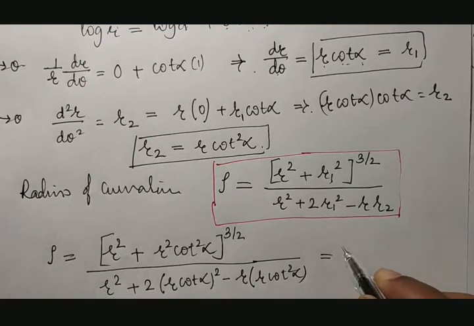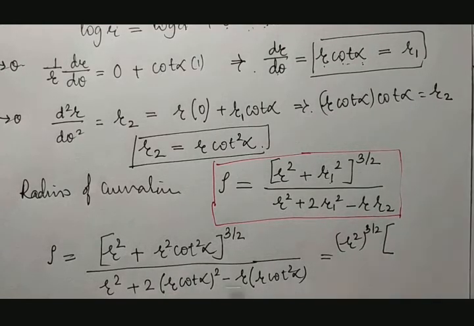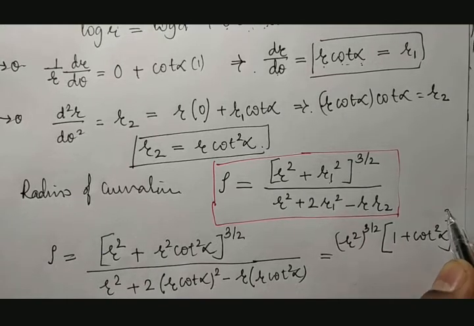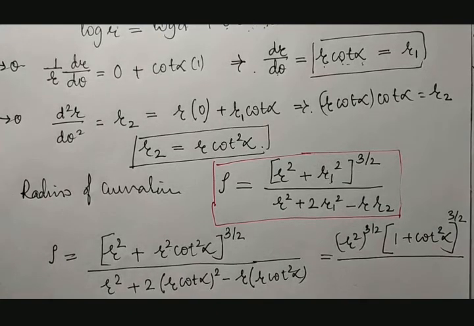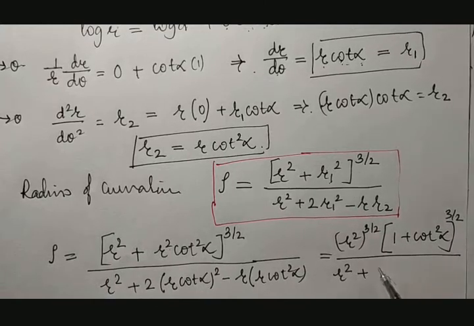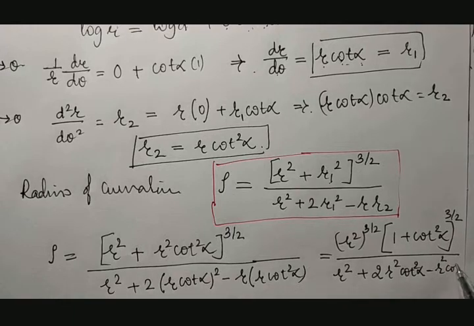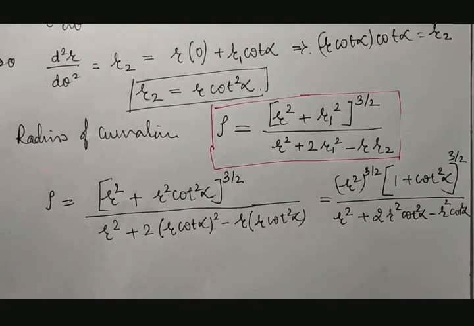Which is equal to, here what is the common term? r square raised to 3 by 2 is the common term. Then inside the bracket, 1 plus cot square alpha raised to 3 by 2 divided by, again here, r square plus 2 times r square into cot square alpha minus r into r square into cot square alpha. Therefore, what is common?